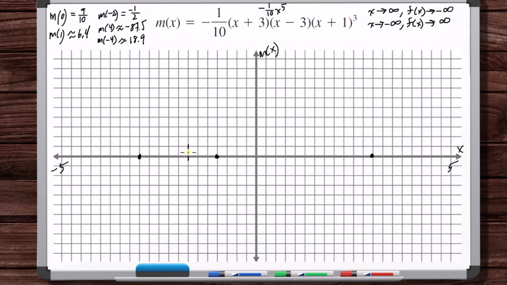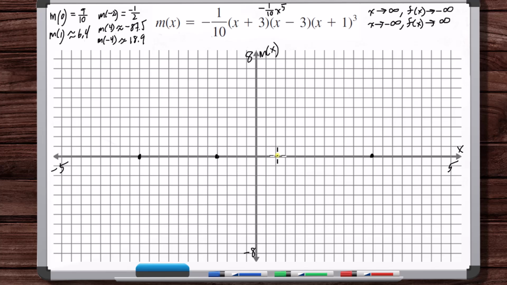Okay, so now this m of -2 here is pretty small, so we're going to need to incorporate this 6.4 though. So let's do -8 to 8. So each tick is 0.8.